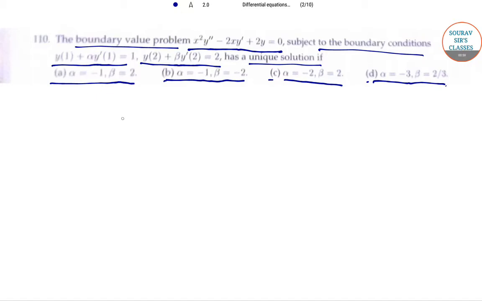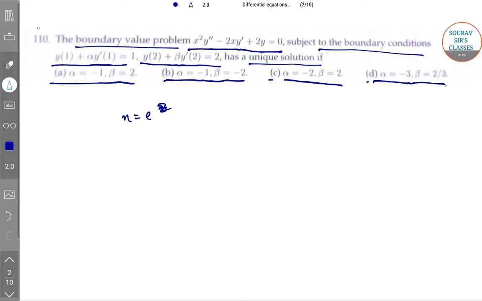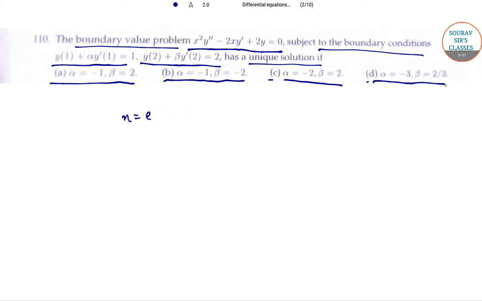Now, after putting x is equal to e to the power z, the auxiliary equation becomes m into m minus 1 minus 2m plus 2 is equal to 0.